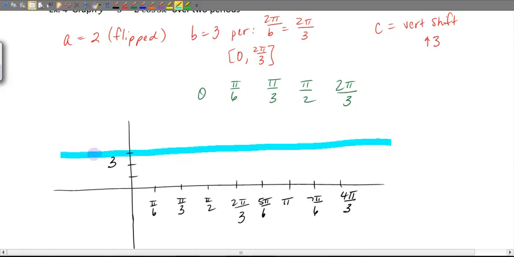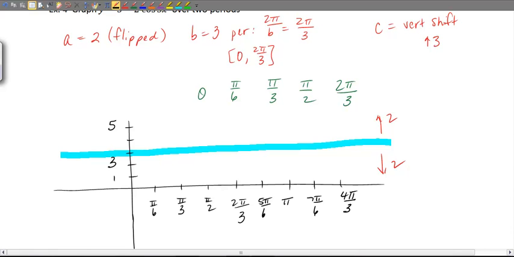From this shifted axis, my amplitude is up by 2 and down by 2. So the amplitude is based off of the shifted axis. We go up 2, which would be at 5, and down 2, which would be at 1. Now we're ready to actually draw this function.